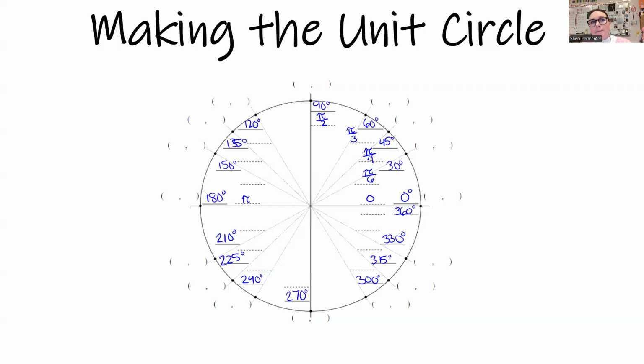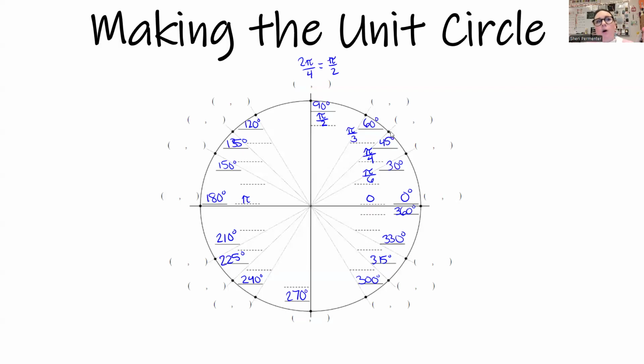And so if this is 1 pi over 4, this is 2 pi over 4. I'll write it up here. 2 pi over 4 reduces to pi over 2. So I'm able to check myself that this one matches. Yep. And then here it would be 3 pi over 4.